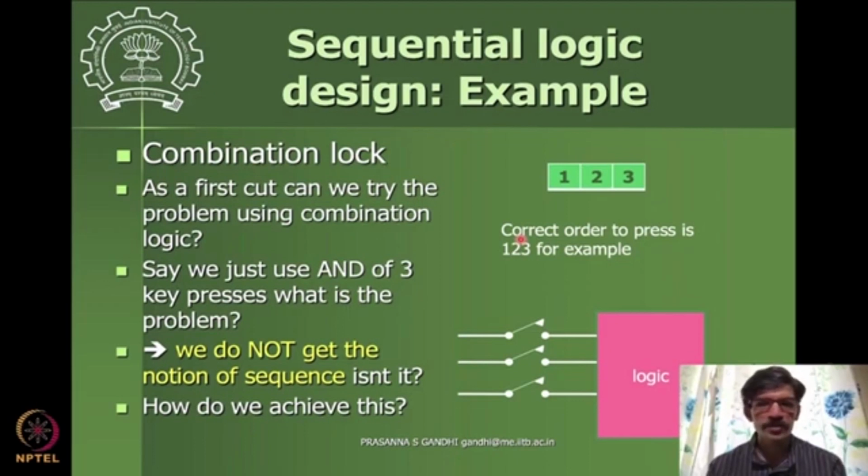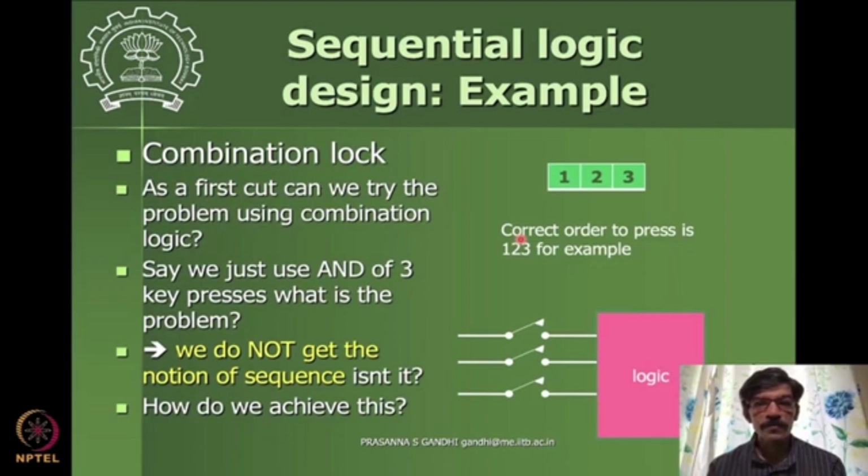We have these 3 switches. When a switch is pressed, that means the key is pressed, and the logic 1 will be there. We use, say, an AND gate: if all the 3 switches are pressed, then I can open the lock.